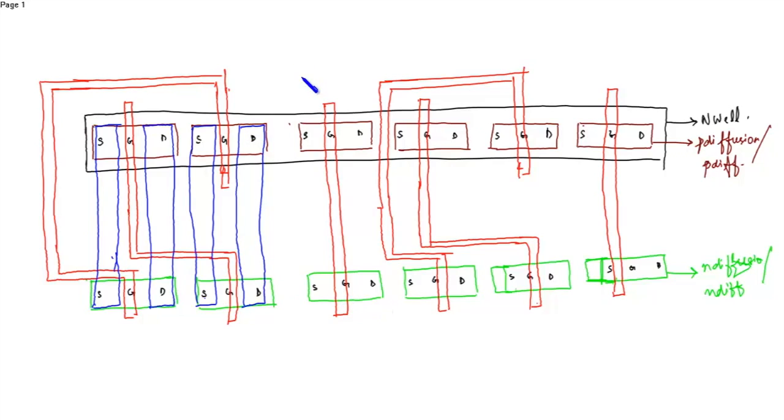The source of an inverter is connected to VDD. So this is connected to VDD. Now the source of the NMOS is connected to ground. So this is connected to ground, and the drains are connected. The drain of PMOS is connected to the drain of NMOS.